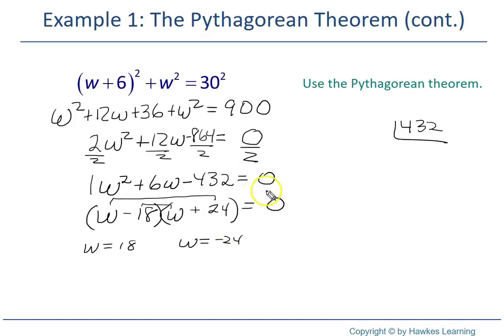Now, we can't have lengths of something be a negative 24. So we reject this answer. So in our original right triangle here, our width is going to be 18, and then 18 plus 6 is 24, and the length of the diagonal path we said was 30, and these are our answers.